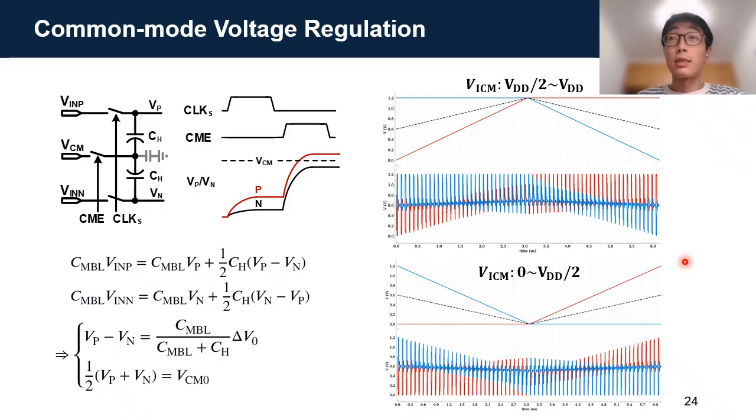We vary the common mode voltage of the input signals, and it turns out that the common mode voltage at the comparison nodes varies by only 15% due to the parasitic capacitance at the shared node, like here. But this variation is acceptable because the differential comparator can tolerate a certain amount of common mode noise.